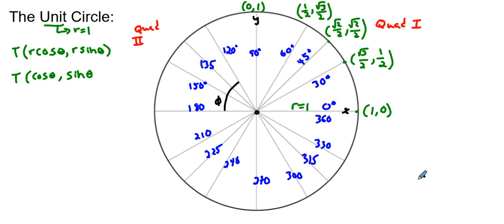If you remember, everything's positive in quadrant 1, sine is positive in quadrant 2, and in quadrant 3 we have tangent being positive. So the sine will be positive in this case, but the cosine will be negative. So this angle here that relates to 60 is this, except we will have a negative 1/2 because the cosine, which is the x-coordinate of 120, is negative, and then we'll have positive √3/2.